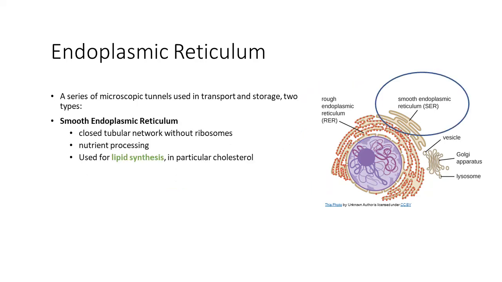Now the smooth ER, as you see here, is called smooth because microscopically you don't have any of those bumps created by the ribosomes, but it is very similar in function in that it's a tubular network. It is for transport, storage, etc., but it's also for synthesis, though not protein synthesis. It is used for lipid synthesis.